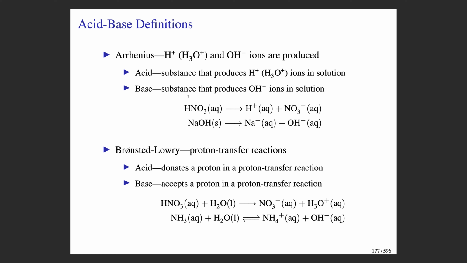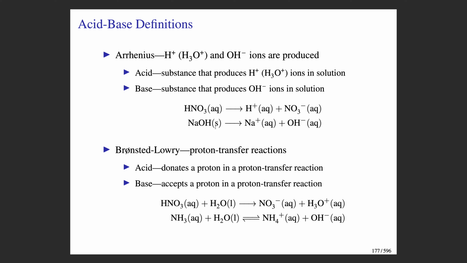And so what I've shown you here are two dissociation reactions. We have nitric acid here. The proton leaves the NO3 group, which gives us the proton and the nitrate, and then this proton is going to go find a water molecule and form hydronium. For sodium hydroxide, this is more of a dissolution reaction. Sodium hydroxide is an ionic compound.